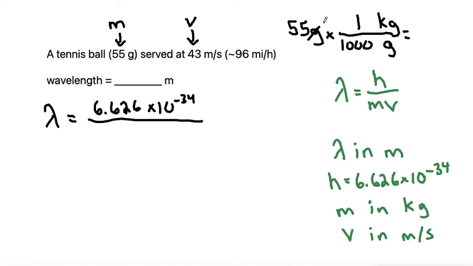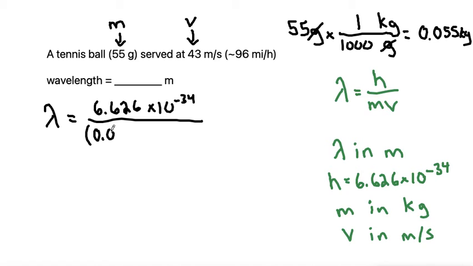So the unit of grams on top and bottom cancels, and we can do 55 divided by 1,000, which gives 0.055 kilograms. If we plug in the mass in grams, we would not get wavelength in meters. So that's why we have to convert to kilograms first.